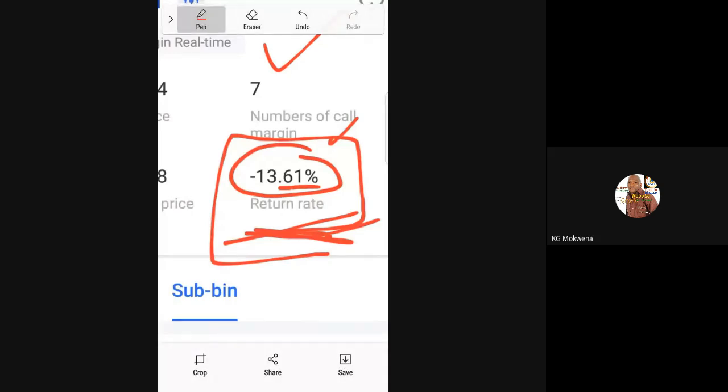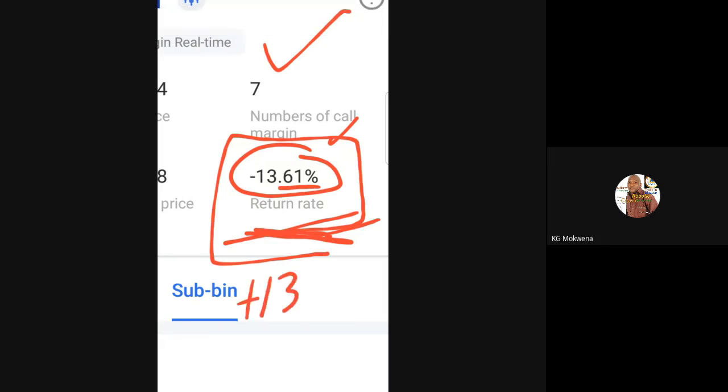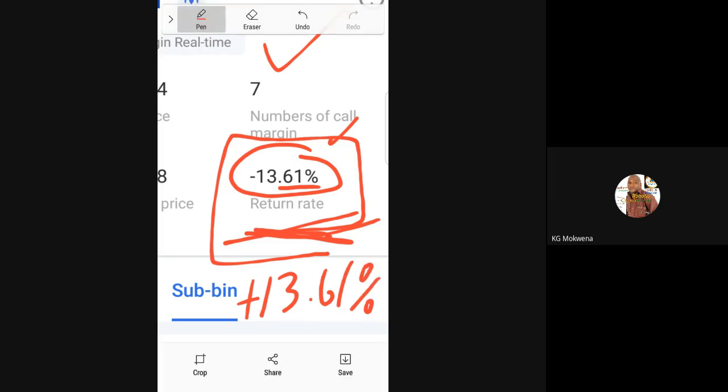If this market pumps by plus 13.61%, for instance, it means the negatives will cancel out the positives.